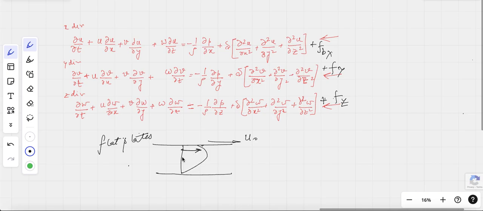We consider that there is a pressure gradient dp by dx which is negative.